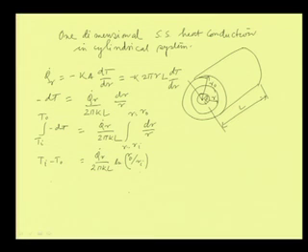That means we can write Q R dot equals T I minus T O by ln R O by R I by twice pi k into L.